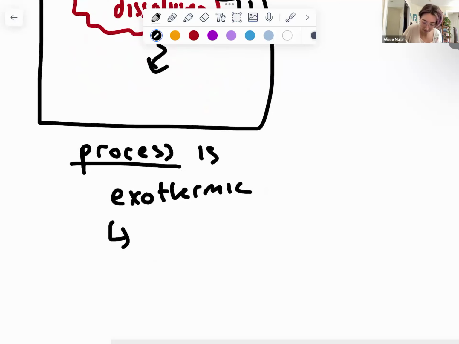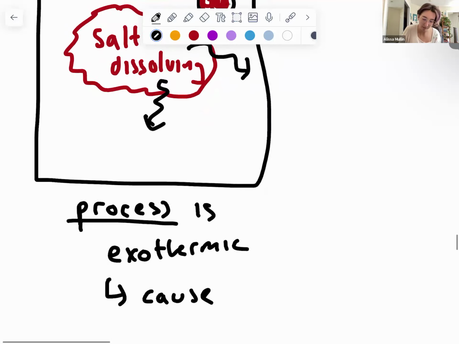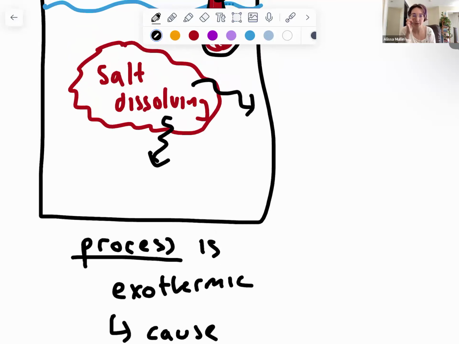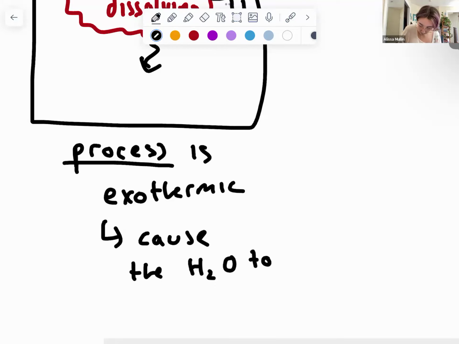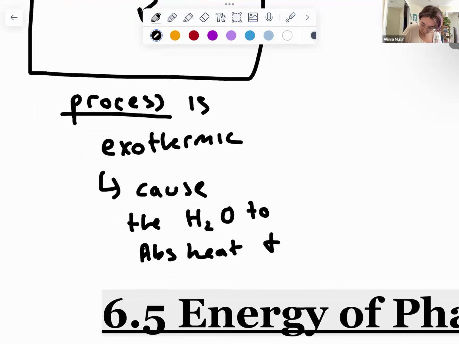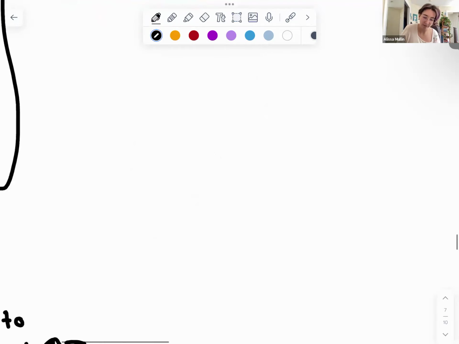We are releasing energy from the reaction happening, so what we're going to observe is the water's temperature rising because the water is absorbing the energy. The reaction is releasing energy, the water is absorbing that energy, and we're assuming that's all happening in our calorimeter. So we're going to see an increase in the water's temperature.